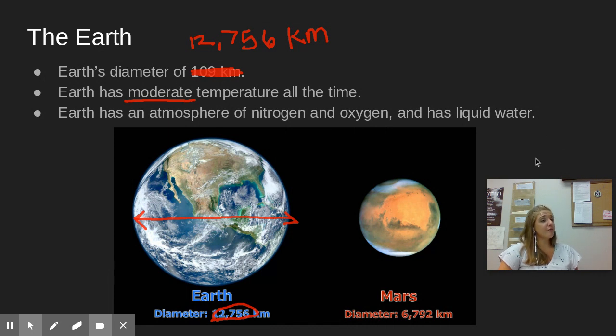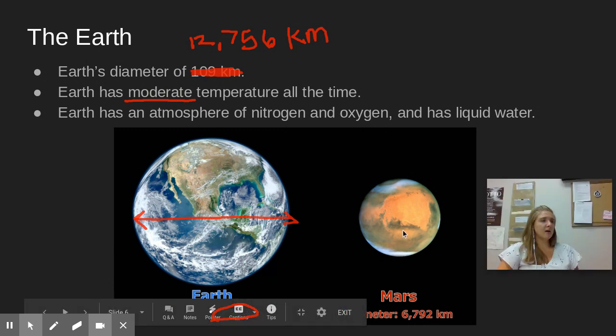Now, we have found frozen water, or at least evidence of frozen water on some of the other planets, but we have not found another planet, not in our solar system at least, that has as much liquid water as we do, which is incredibly important because the human body is like, I want to say like 97% water or something like that. So very, very important for us. And that's part of the reason why I believe we were placed on the Earth and nowhere else.